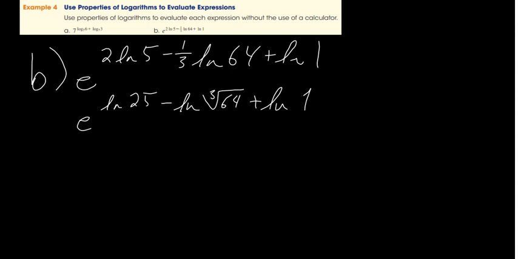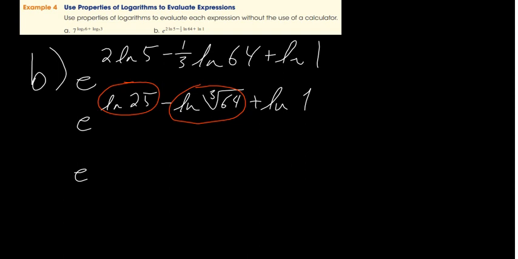All right, so this again looks absolutely ridiculous, but we're going to take this one step at a time, and follow along with the condensing that we talked about earlier. Okay, so we're going to have e, and then the natural log of 25 minus the natural log of the cube root of 64, which, by the way, I just now realized is actually a number.